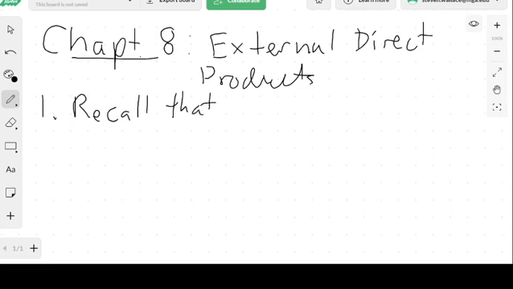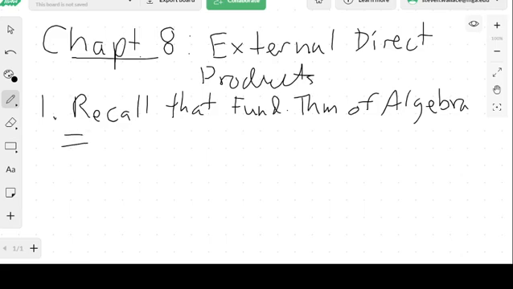the fundamental theorem of arithmetic is that all integers can be factored into prime factors. Those prime factors are the fundamental parts. All integers have a prime factorization.